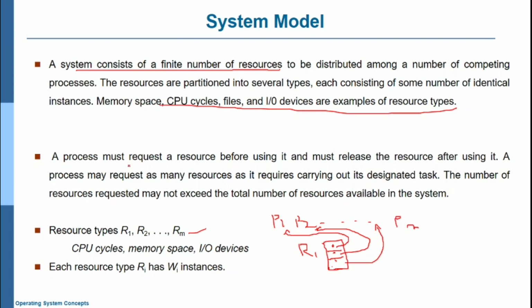A process, like P1, P2, P3, must request resources before using them. Before a process makes use of any resource, it has to request it. It is like students entering the classroom during a lecture: a student can't enter the classroom without requesting permission from the concerned lecturer.